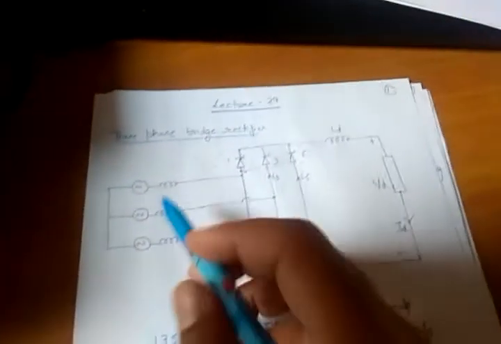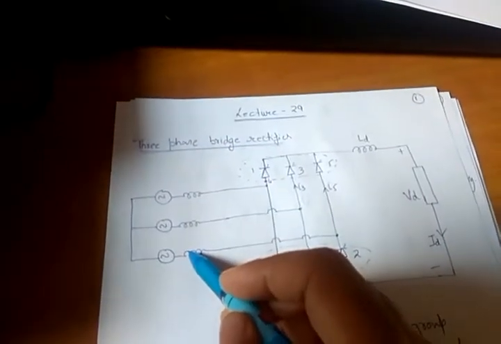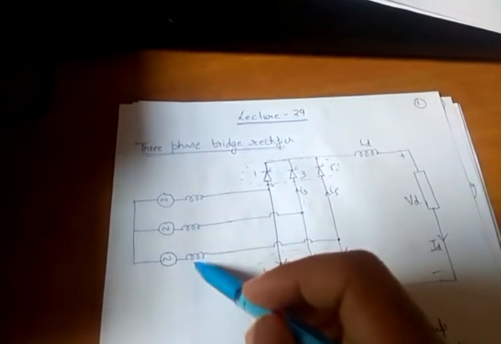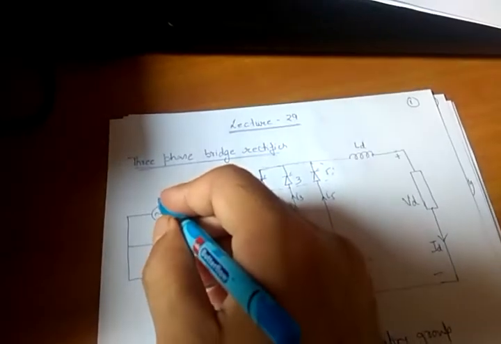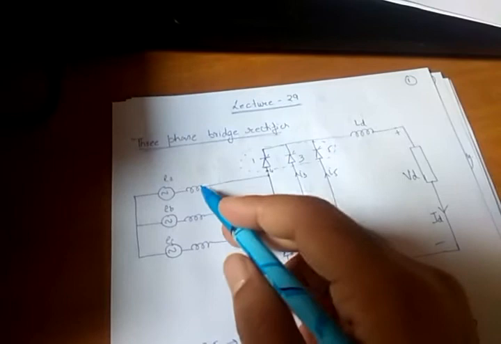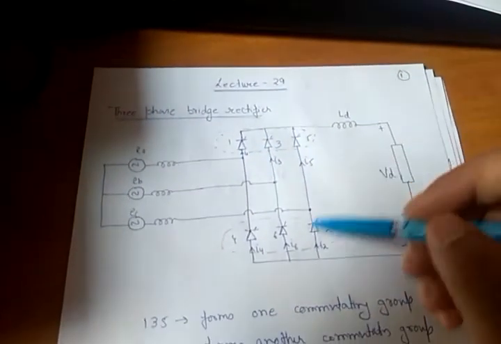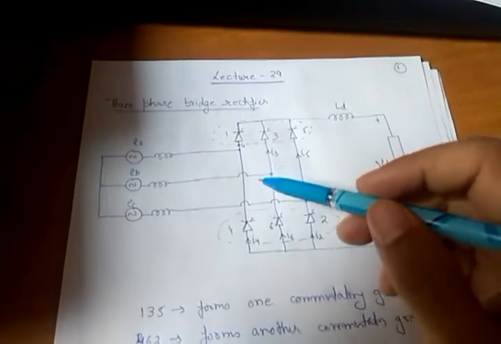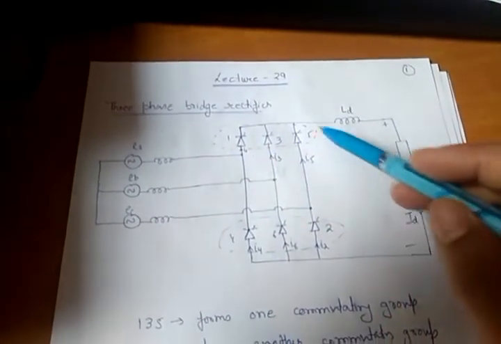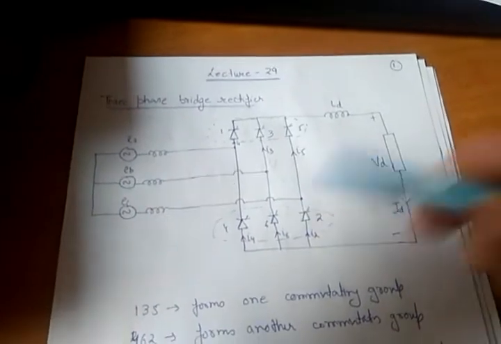As you can see, this is the secondary of a transformer. I have phase voltages EA, EB, EC. These are the transformer reactances. Then we have a three-phase bridge rectifier, with three switches on the upper side and three switches on the lower side.